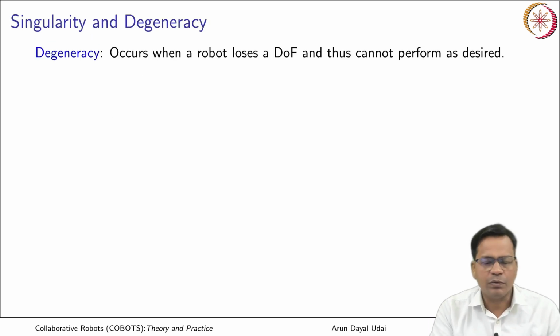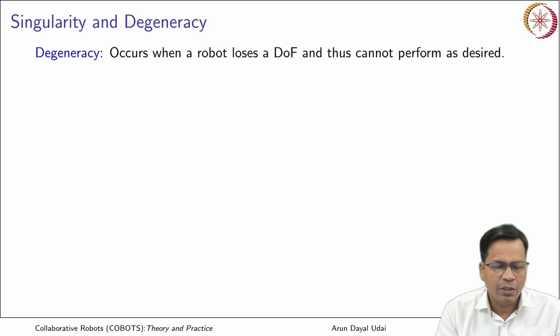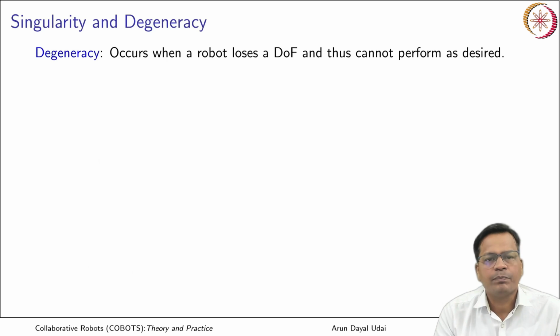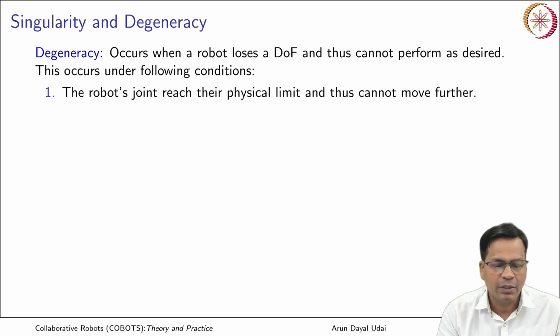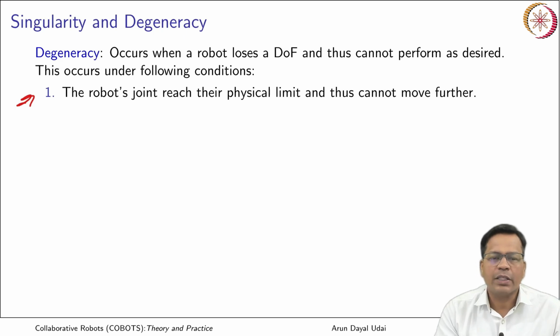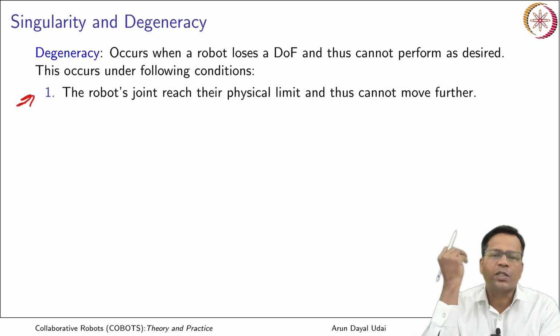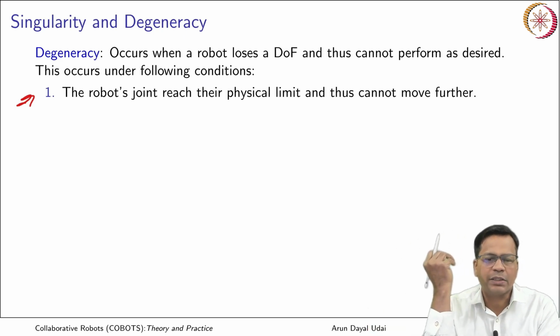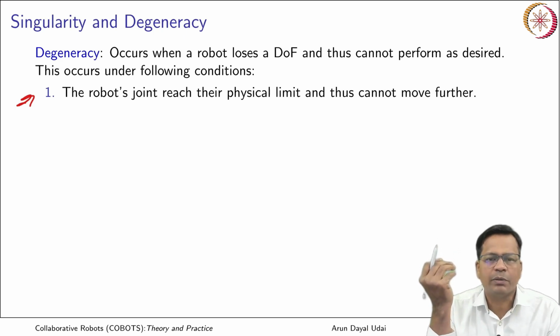Now there are a few terms which are very important here. One of them is degeneracy, which occurs when the robot loses a degree of freedom and thus cannot perform as desired. So what are those conditions? The first one is the robot joint reaches its physical limit and thus cannot move further. There may be some joint limitation because of the motor fixture, the architecture of the system, or the joint limits, motor limits.